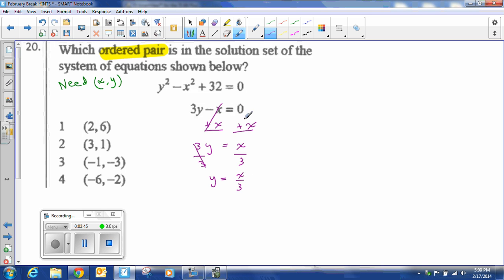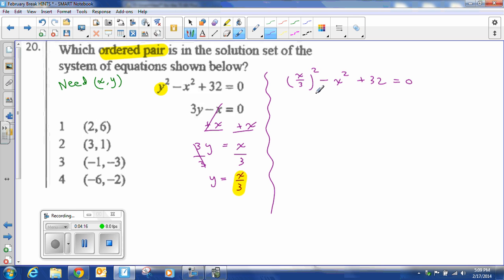So we can basically now do our substitution. So we want to take what y equals and plug it in for y. So there's y squared minus x squared plus 32 equals 0, and we plug in x over 3.